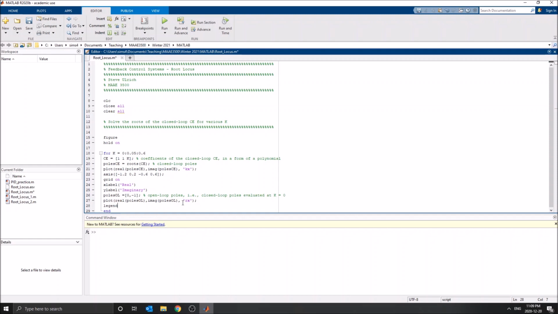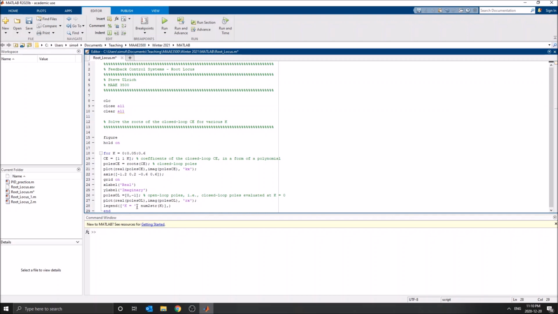I'm going to add a legend to better visualize the data. Let's say evaluated for k equal to the current value of k within this for loop. I'm going to turn this variable, which is a number, into a string using the num2str command of this particular variable k.